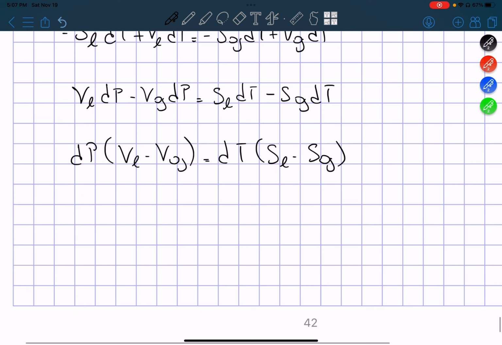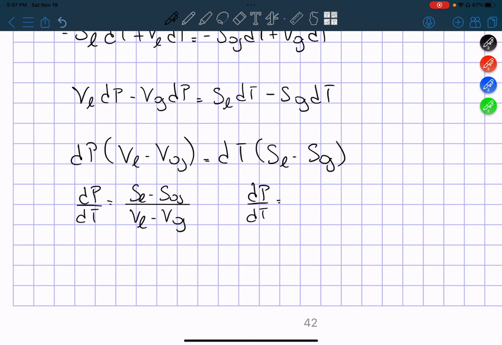So we can say that dP divided by dT is then equal to the entropy of the liquid minus entropy of the gas divided by volume of the liquid minus volume of the gas. Or, even better, dP divided by dT is equal to delta entropy divided by delta volume. This is pretty much it.